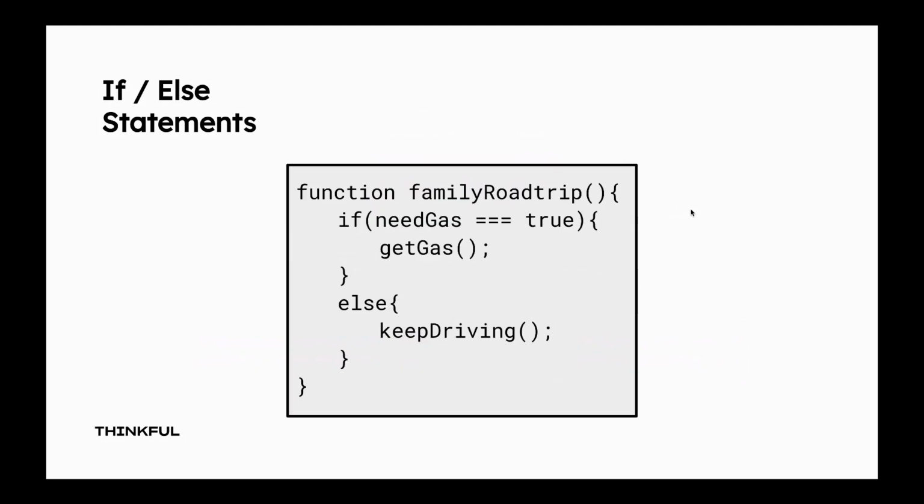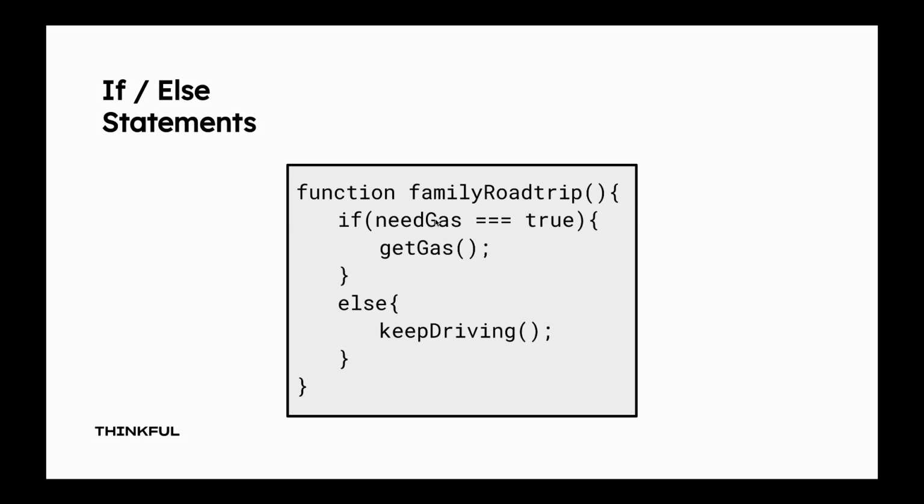So stepping into the code level here, it might look something like this. And these things aren't defined in this function, so that's fine. But if we had family road trip, we would write this if here, and then we would have these parentheses, right? And whatever we have in these parentheses is the thing that's going to be evaluated.